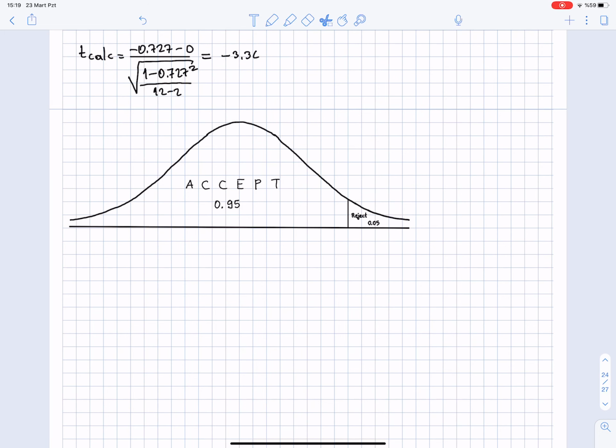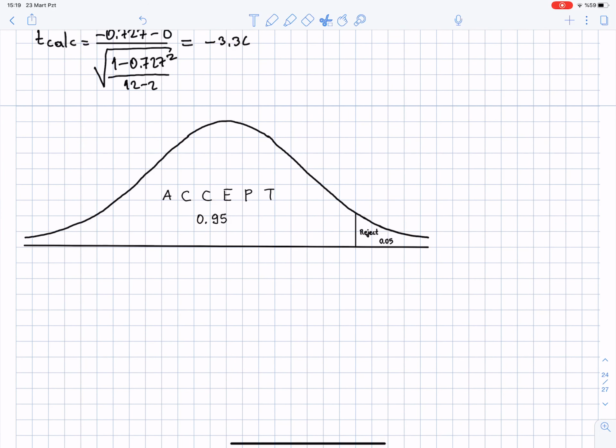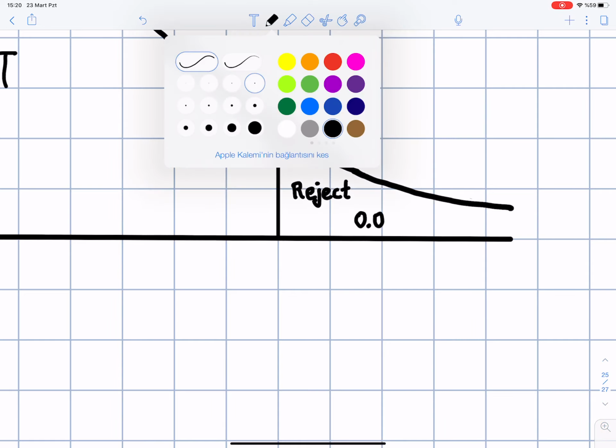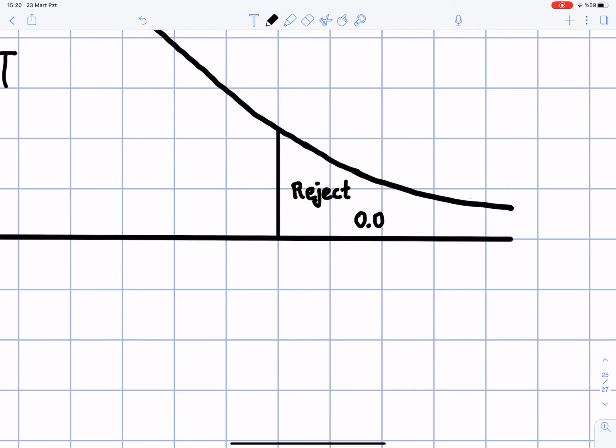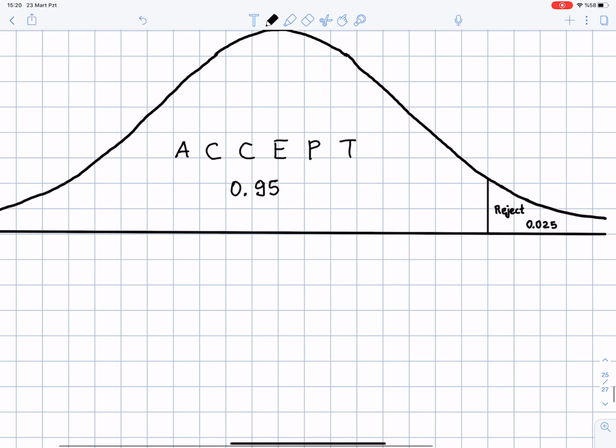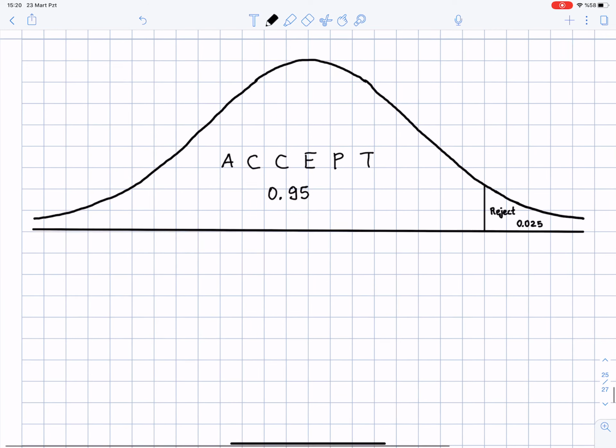I'm going to split the rejection part, and on the right-hand side it is going to be 0.025. I'm going to have another rejection part on the left-hand side.